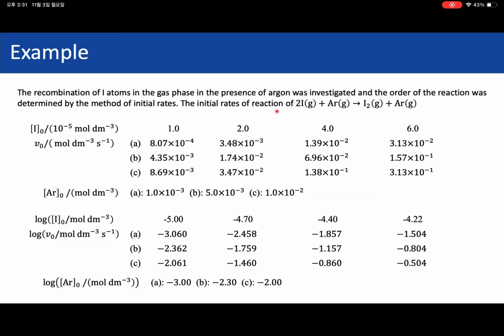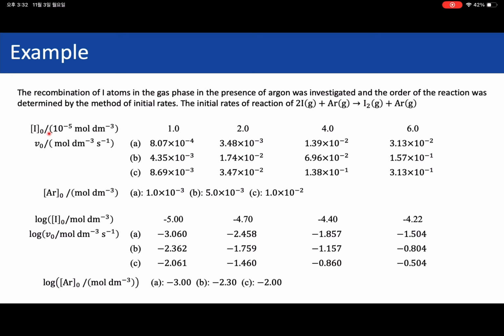The overall reaction is like this: two iodine atoms in the gas phase in the presence of argon gas react and form I2 gas. This gives numerous data points for changing the initial concentration of iodine and the initial concentration of argon gas.